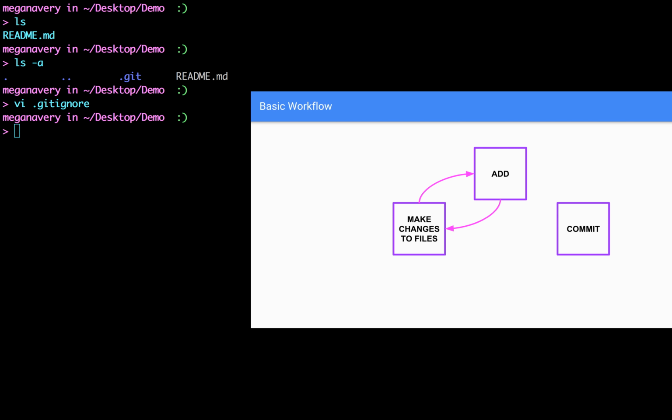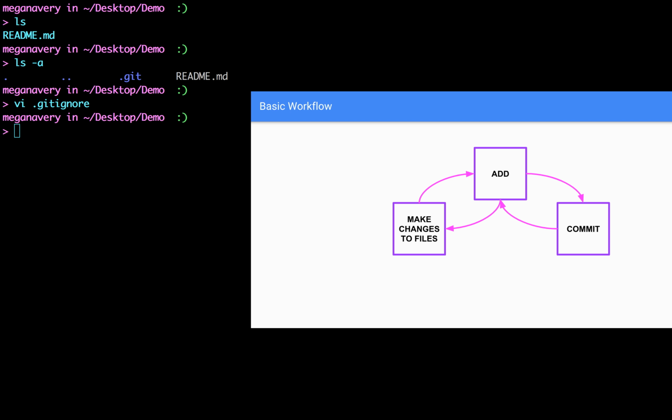So then I can go to commit. And I can go from having things added to committing them, back to adding, back to committing. So I can build up things that have been staged and then commit them.